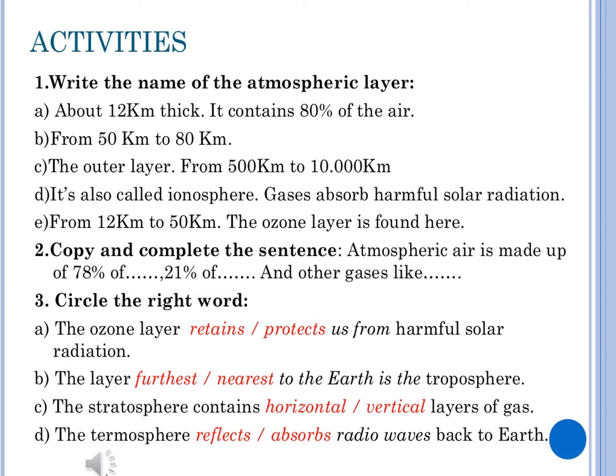Gases absorb harmful solar radiation. Copy and complete: atmospheric air is made up of 78% of, 21% of, and rare gases like. Number 3, circle the correct word, and so on.